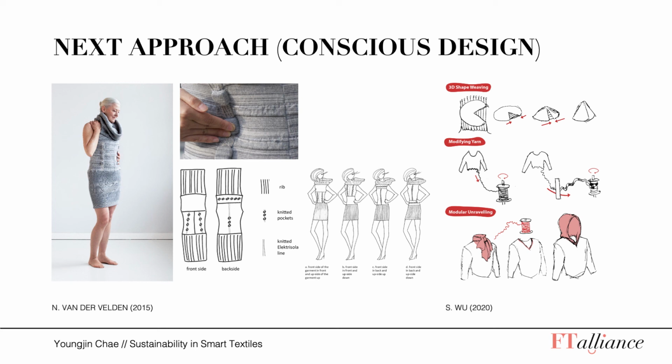Design techniques and tools for conscious design were also demonstrated by reclaiming and reusing smart textile materials in 2020 by human-computer interaction researchers. By unraveling a garment into yarn, approaches focused on designing smart textile products for disassembly by implementing the existing properties of knitted and woven textile products.